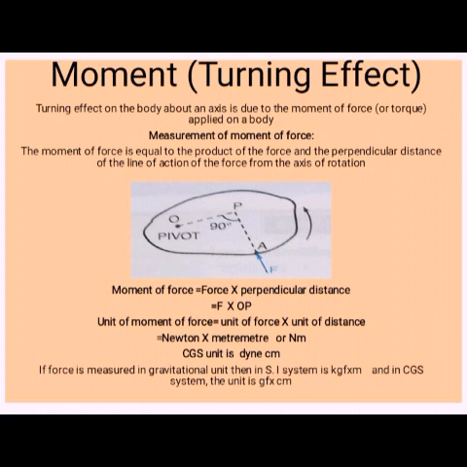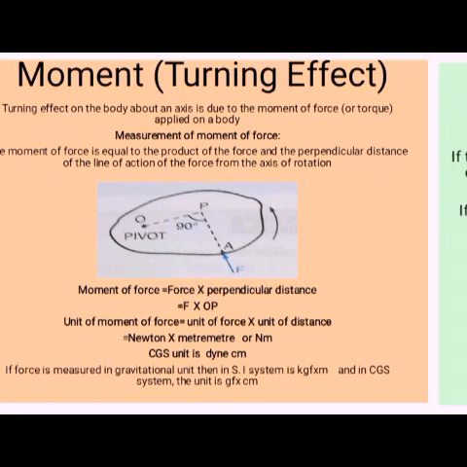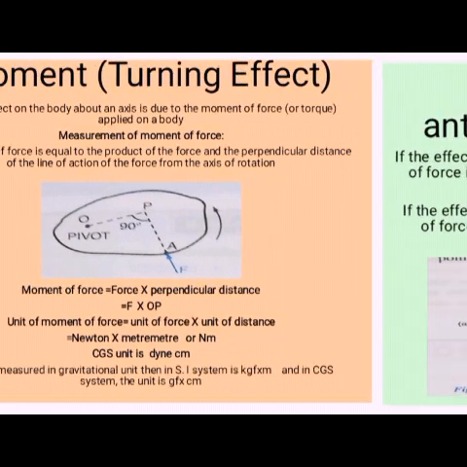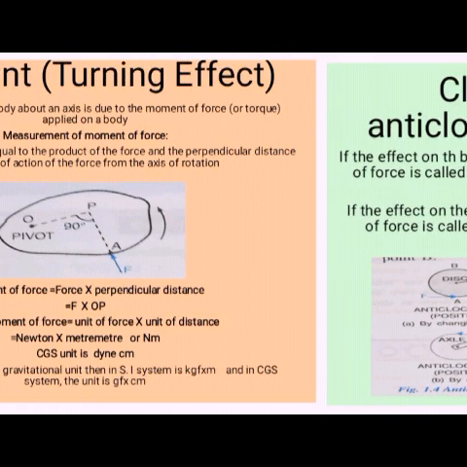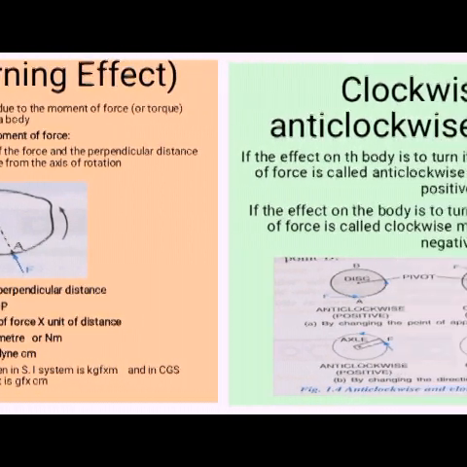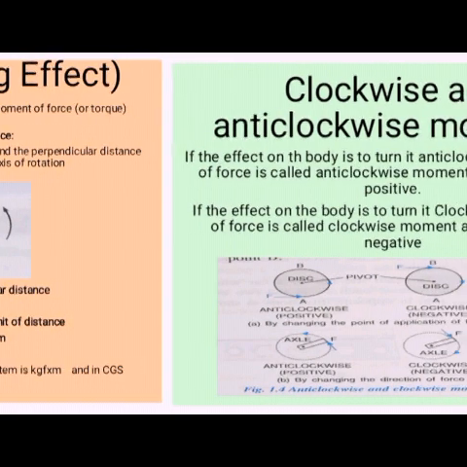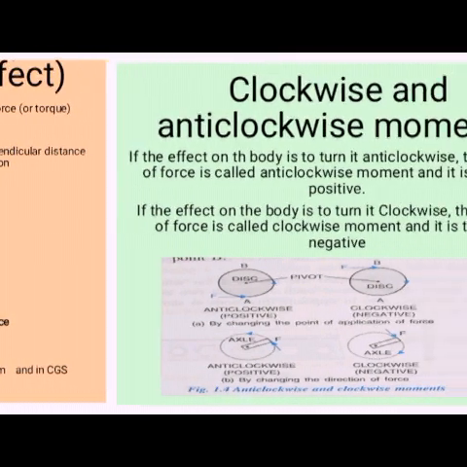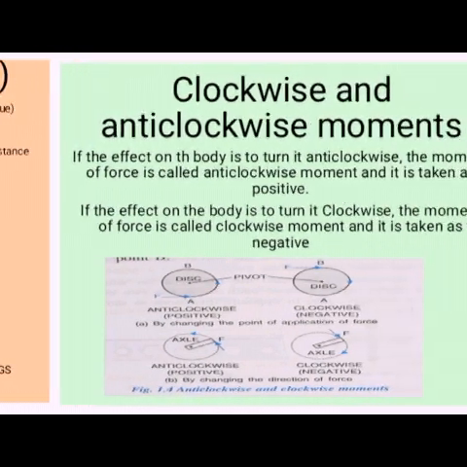Here, when the line of action of force is shown by the dotted line AP, the perpendicular drawn from the pivoted point on the line of action of force is OP. Therefore, we take the formula F into OP. Now, to relate the Newton meter and the dyne centimeter, we get 1 Newton meter is equal to 10 to the power of 7 dyne centimeter, or 1 kgf meter is equal to 9.8 Newton meter.